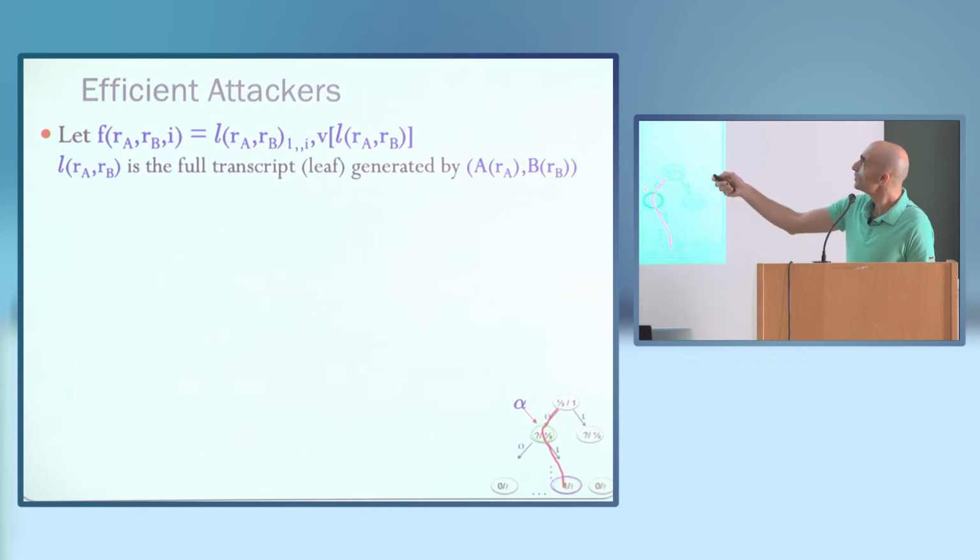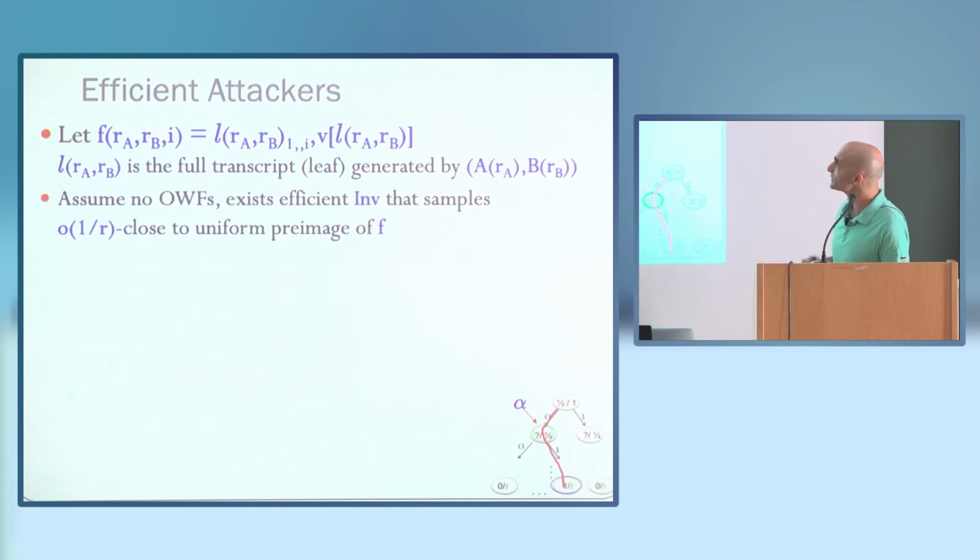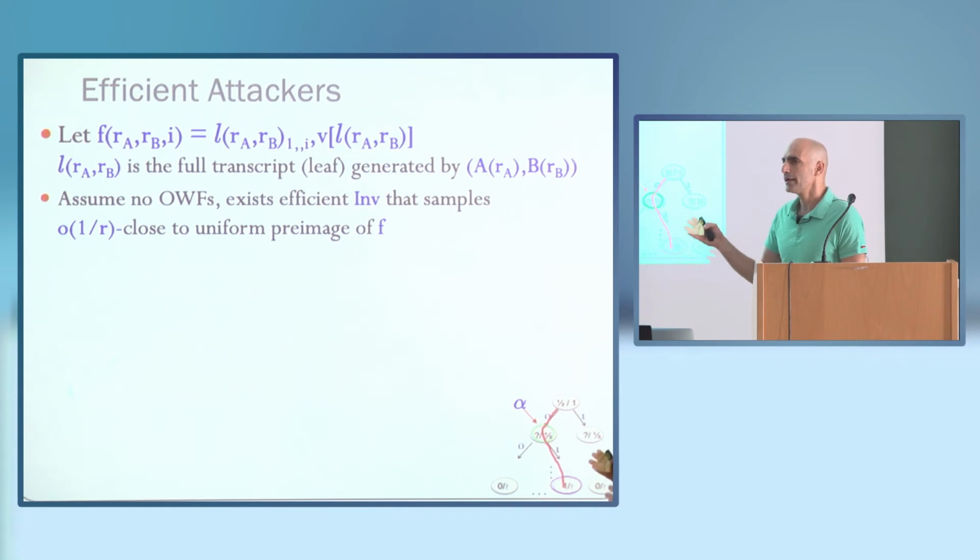So the first thing I'm going to take is the partial transcript of length i, and the second output is the value of the leaf. Is it a 1 leaf or is it a 0 leaf? And now by Impagliazzo and Luby, I can invert this function as close to uniform as I want.